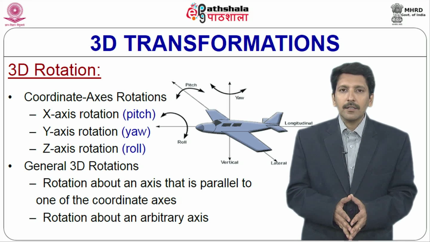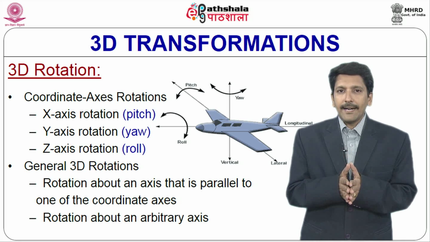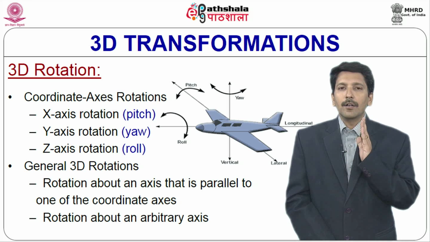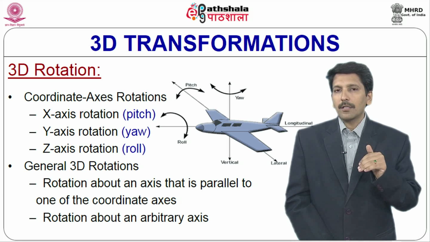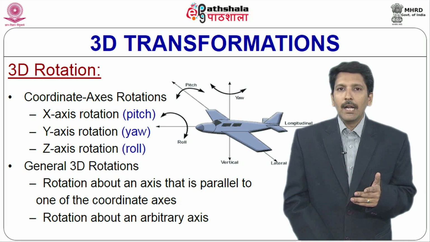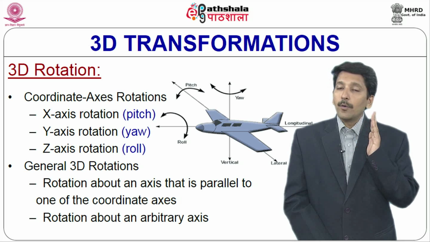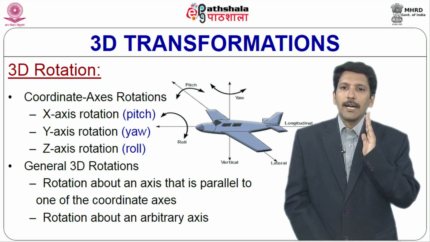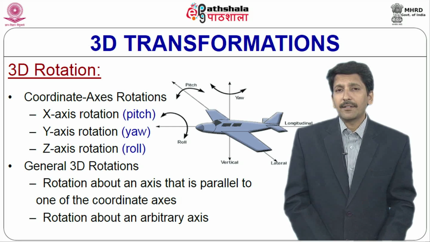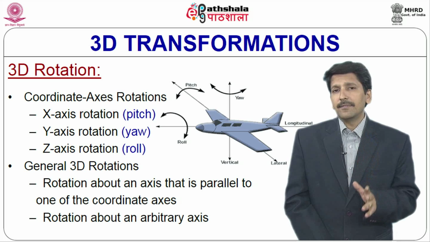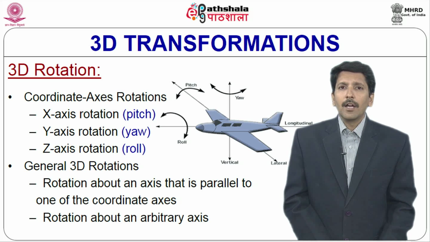Again, let me repeat this. Imagine you are along a particular axis, say x, y or z. You are standing on the axis and viewing along the negative direction of that axis.